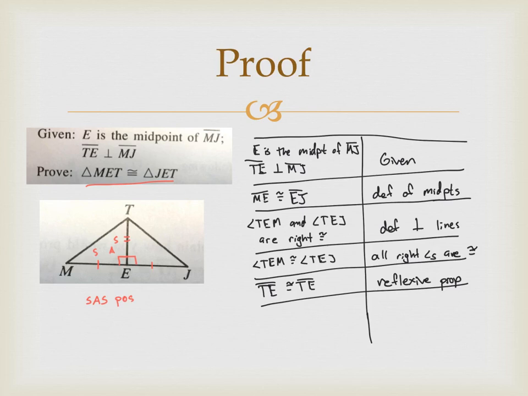I have my side, I have my angle, and I have my side. So I can go ahead and go straight to my proof and say that triangle MET is congruent to triangle JET because of the side, angle, side postulate. Sign off, and we're done.